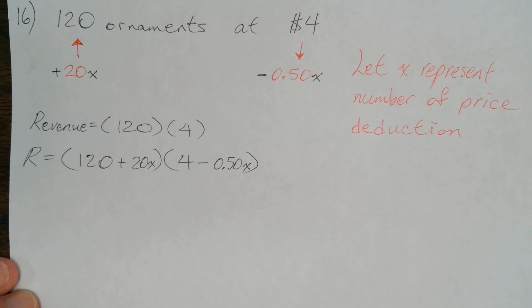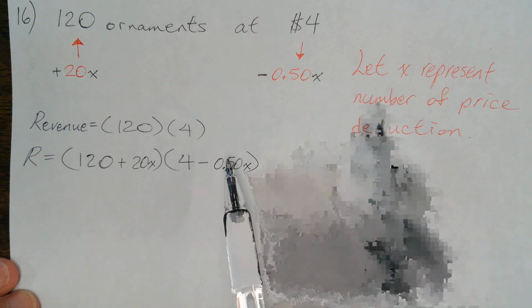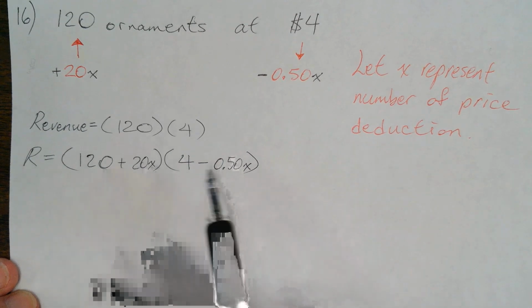Okay, let x represent the number of price deductions. So, does it make sense now? Now that you know what x is, this makes sense.